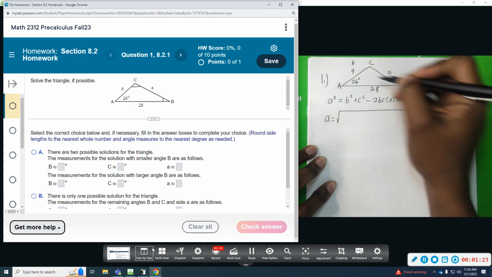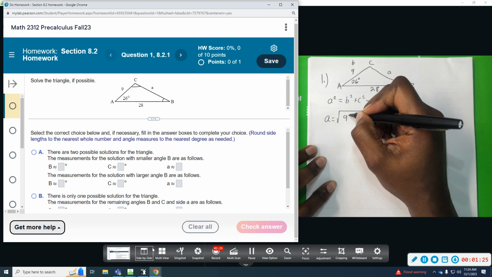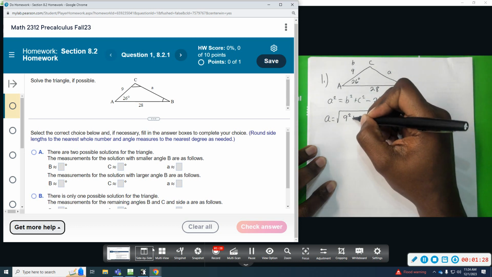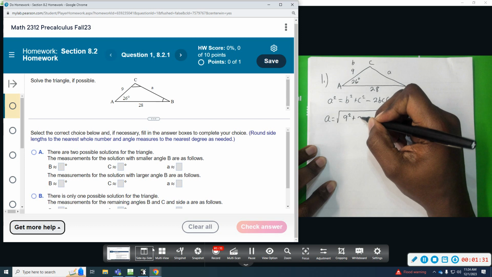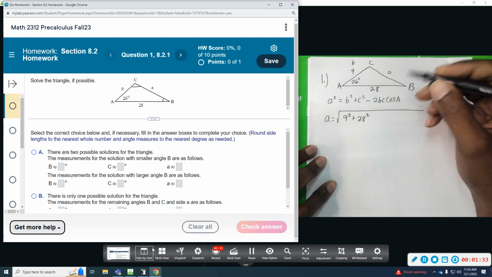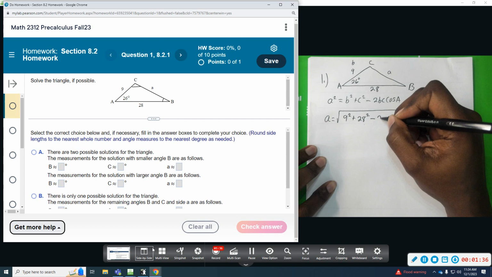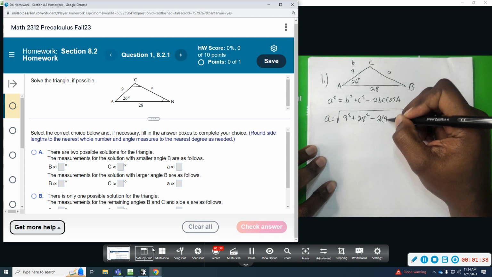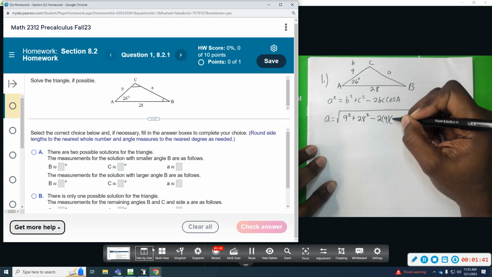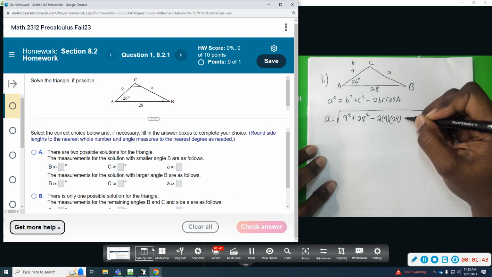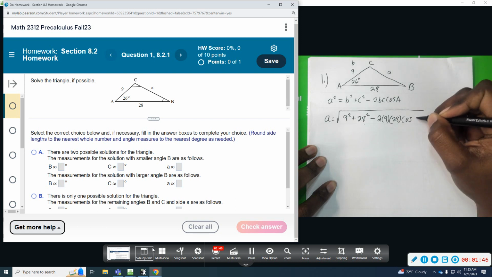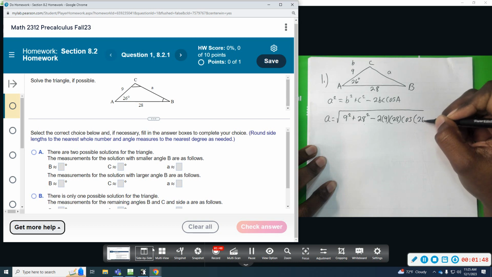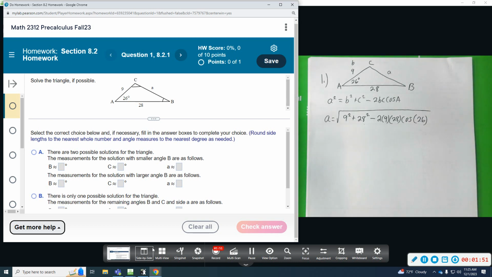So B squared would be 9 squared plus C squared, which will be 28 squared, minus 2 times 9 times 28 times the cosine of angle A, which is 26. Okay. So we can do some steps and simplify these numbers, but again, at this point, I'm just going to let the calculator handle all that, and I'll end up with side A.